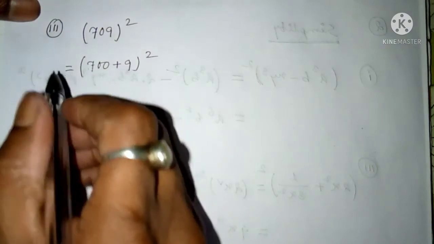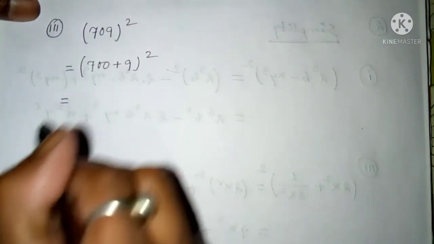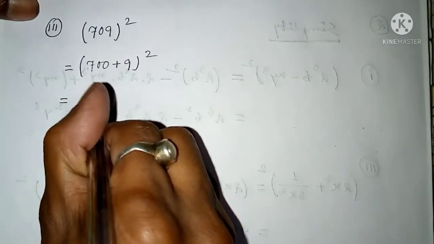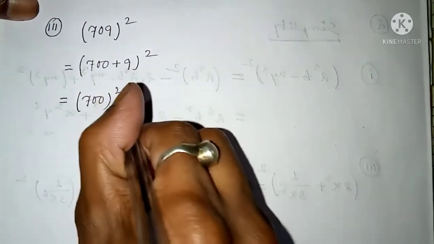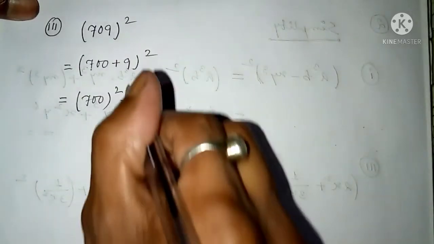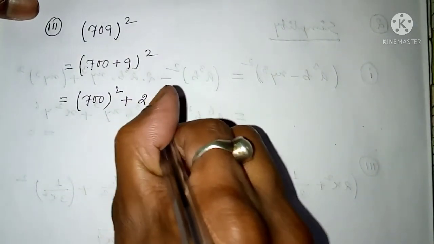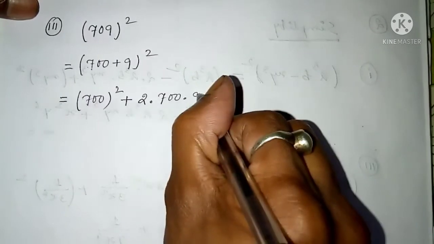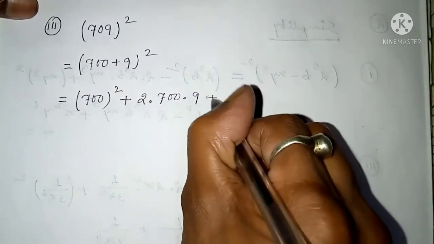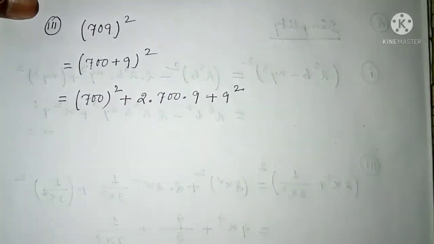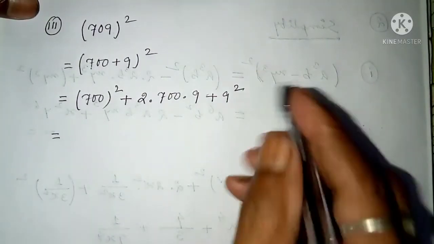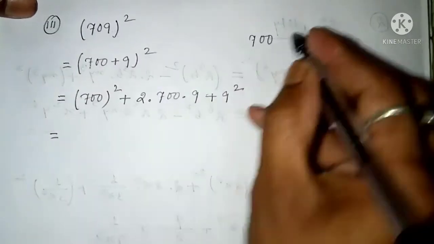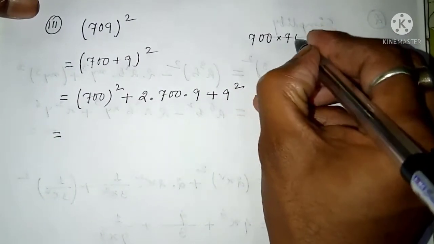We know first of all we need to write the square of the first term. My first term is 700, so I'll write the square of 700, plus 2 times the first term, that is 700, and then the second term, that is 9, and then the square of the second term. Here also it's very simple. 700 square means 700 into 700.